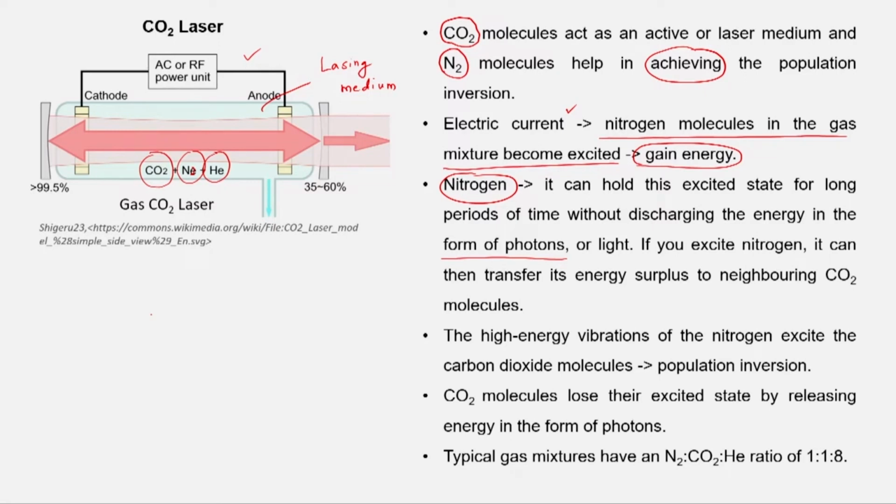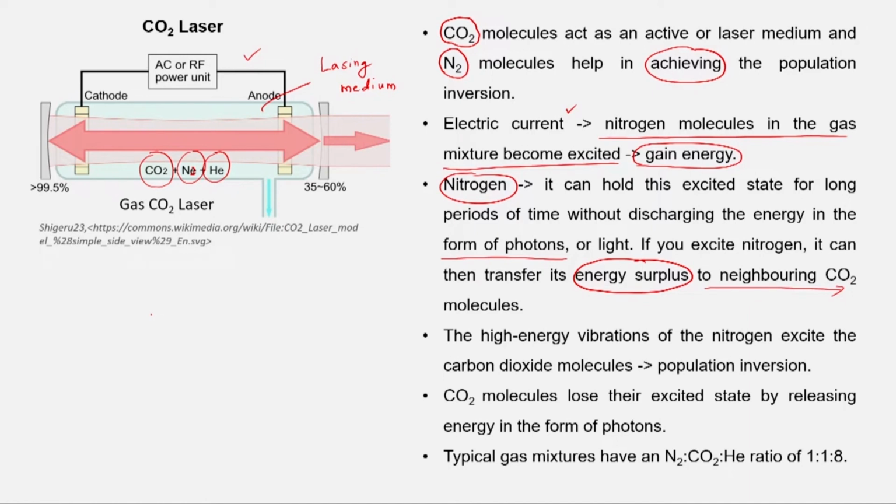So, when these nitrogen atoms are at the excited level, they are vibrating, and these vibrations, or the surplus excitation energy, will be transferred to the neighboring CO2 molecules. The surplus energy with the nitrogen is transferred to the CO2 molecules, and the CO2 molecules then get excited.